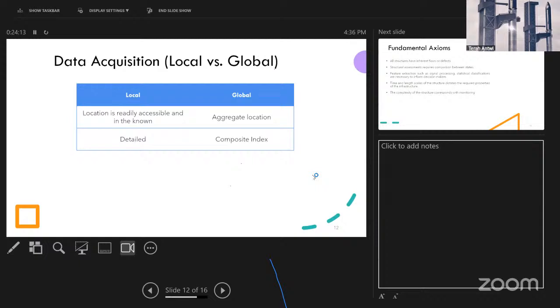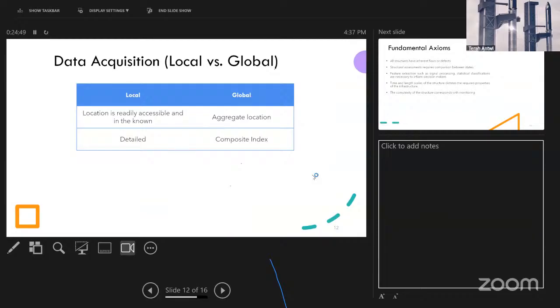With data acquisition, the structure that you are trying to map can be in two categories, a local mapping and a global mapping. For my friends who are into road asset management, they call local a project level investigation and global a network level investigation. The local one is often very detailed. You would want to know, per structure, the details that are in there.